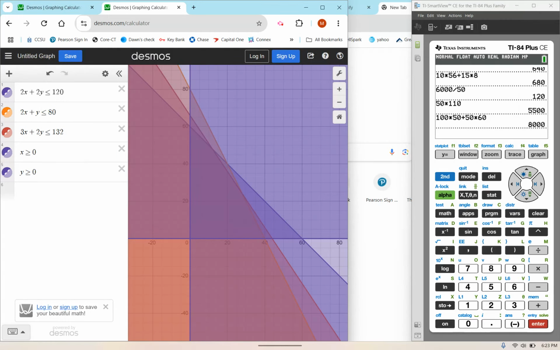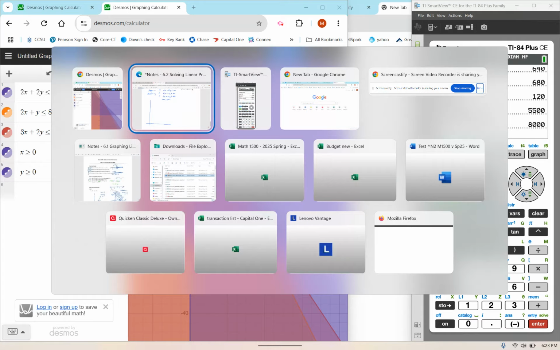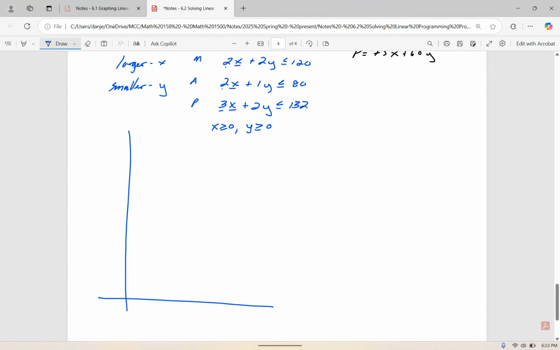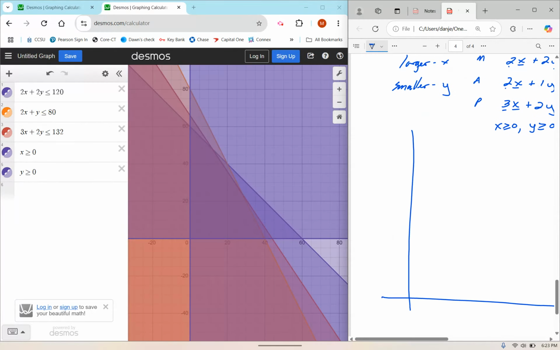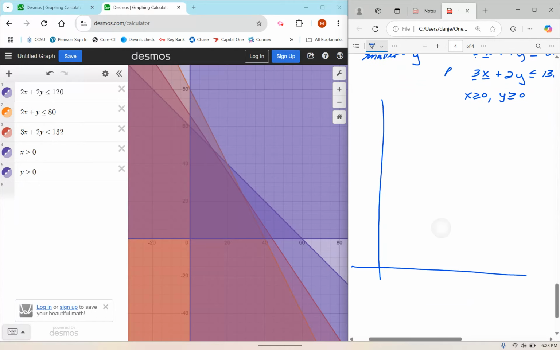Okay, let me see actually if I can get this graphed on here. So the first line has a y-intercept of 60 and an x-intercept of 60. Notice this one goes up to 80. So that might help me: 10, 20, 30, 40, 50, 60, 70, 80.